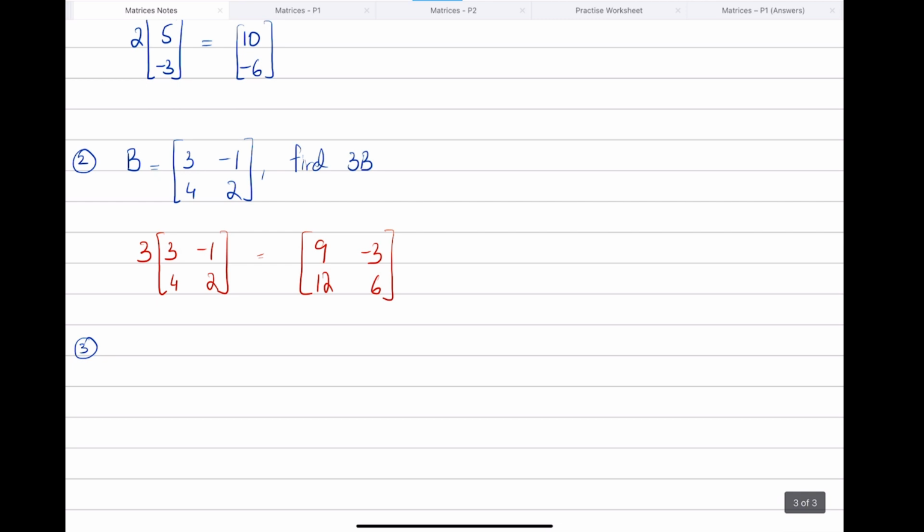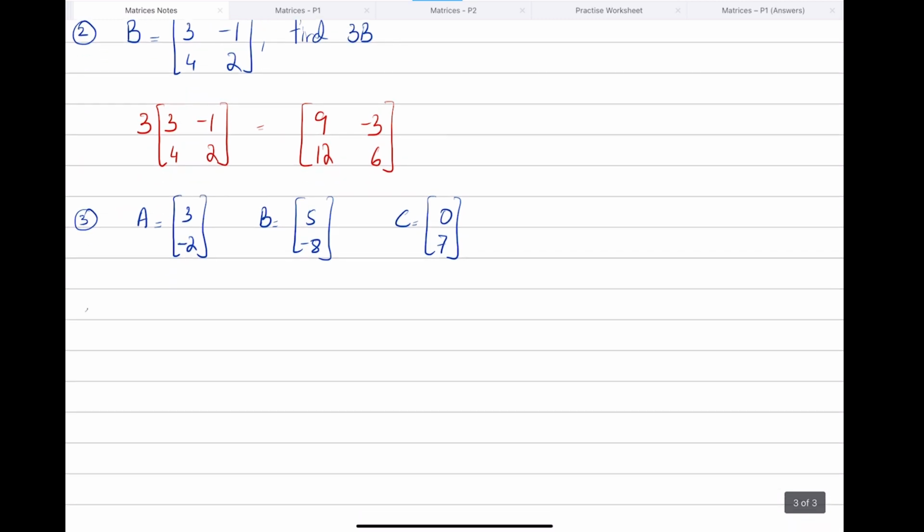Okay, let's do another question. Let's say that we have a which is equal to 3, minus 2. b which is equal to 5 and minus 8. And c which is equal to 0 and 7. Now all of this is given to you in the question, and let's say there are parts to this question. There's the first part where you have to find out 2a, pretty easy.